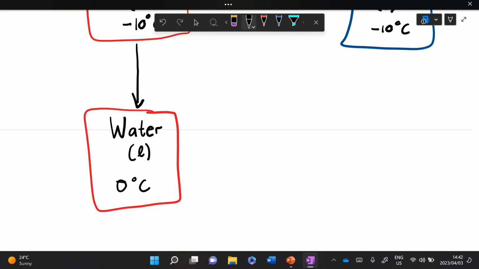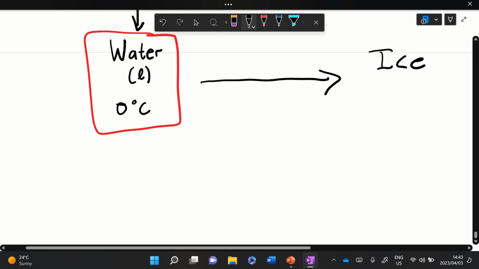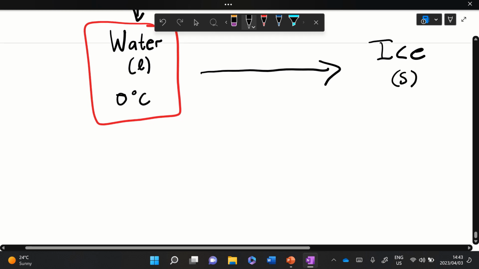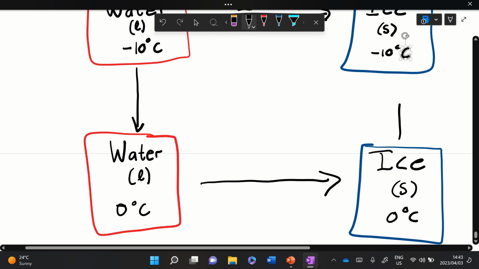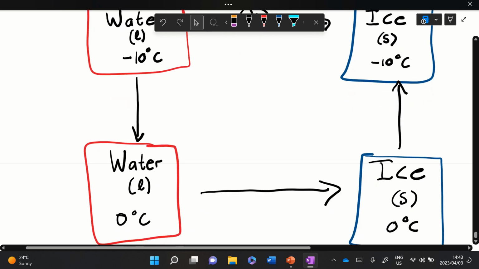Then freeze that water to get ice, so then we have a solid at 0 degrees Celsius. And then cool that solid back down to get our ice at minus 10 degrees Celsius.